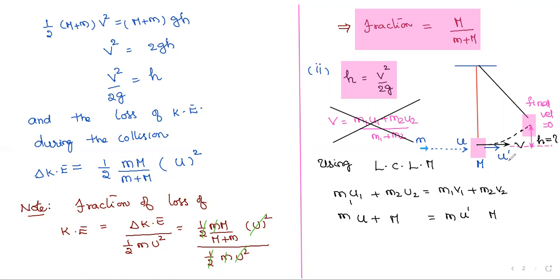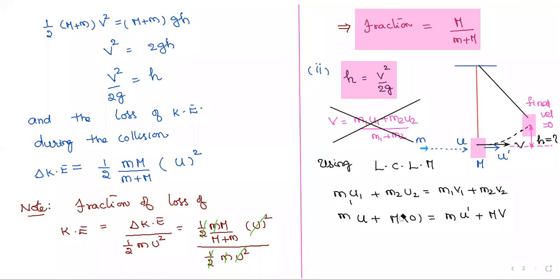For the bullet, before the collision and after the collision means U1, V1. Now you come to U2, V2. U2, I already told you, is at rest before the collision, so it is 0. But after the collision, the wooden plank started to move with V. So after the collision, its velocity is V.